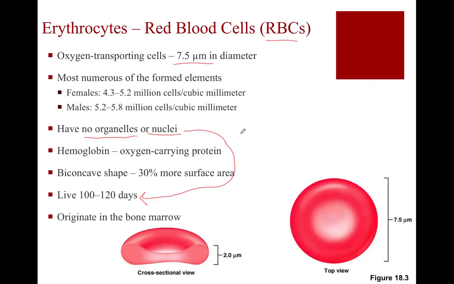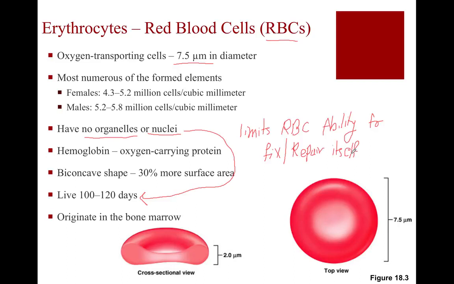Making the connection, the lack of organelles and nuclei limits the red blood cell's ability to fix or repair itself. So basically, anytime it gets old or damaged, you just have to break it down and form new cells.